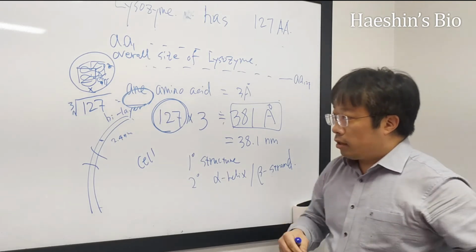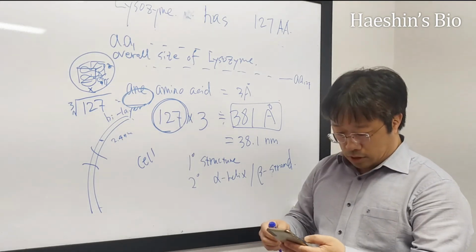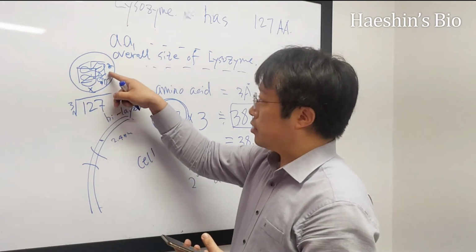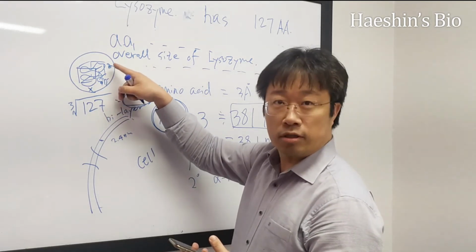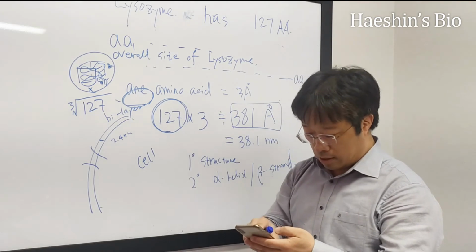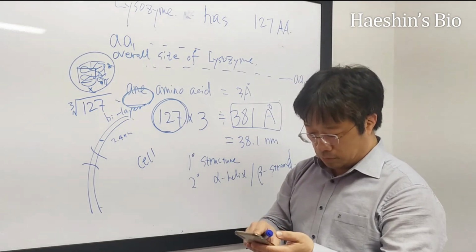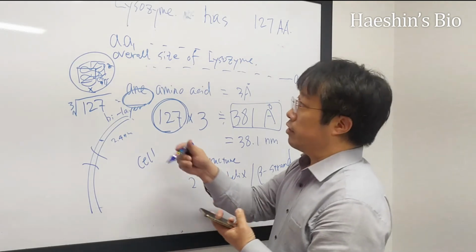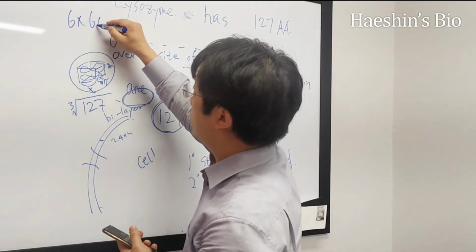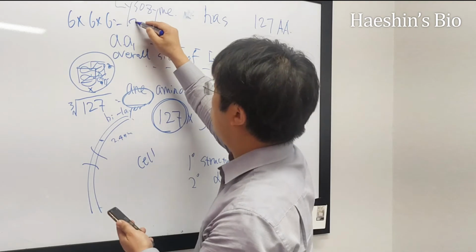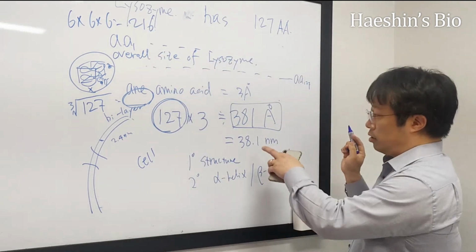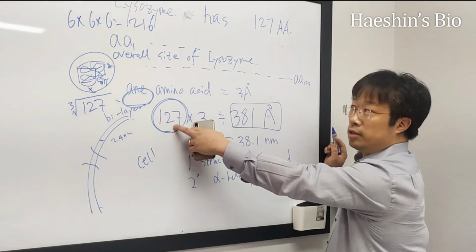So maybe we can calculate. Say you have 6 amino acids packed to each other. So I will multiply 6 times 6 times 6, and I get 216, which is a little over this, right?